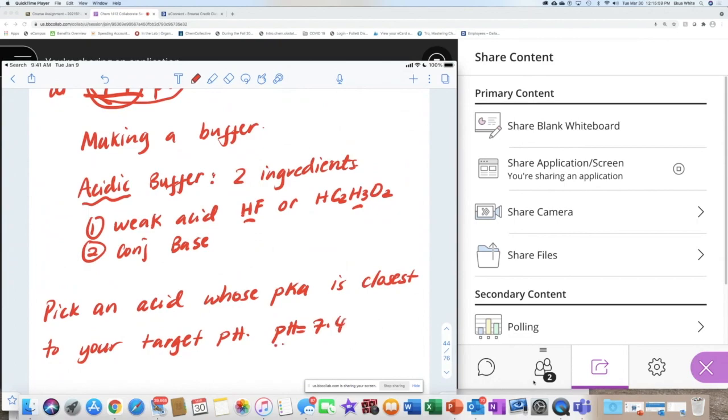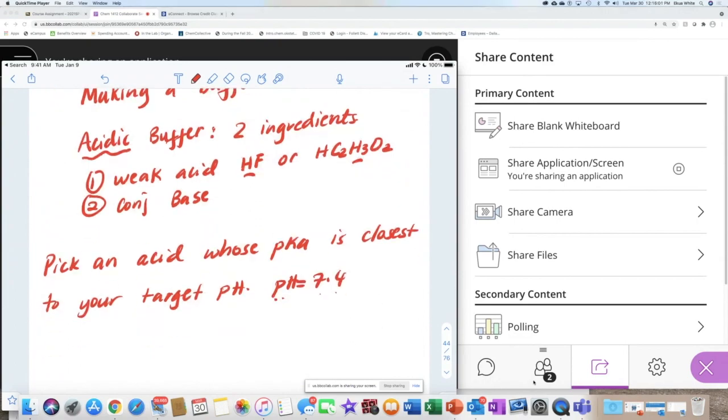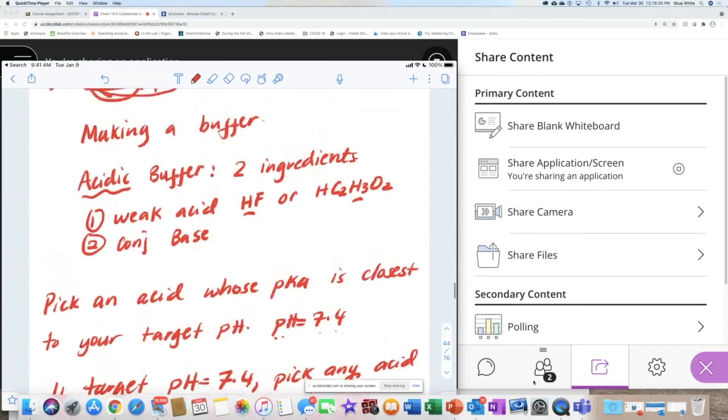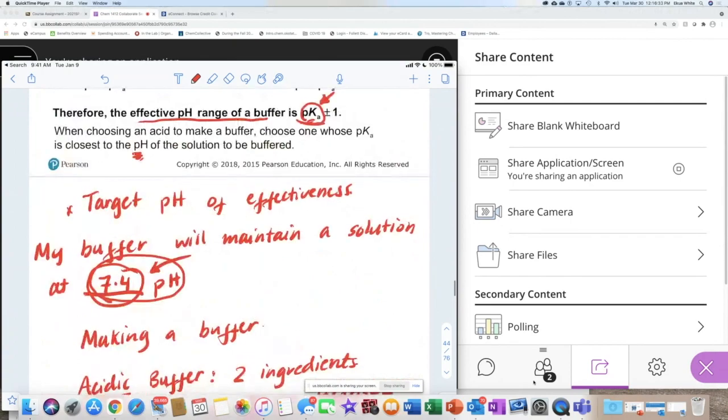If my target pH is 7.4, then pick any acid, and I mean any acid, whose pKa is close to 7.4. It's as simple as that. I mean, they make it simple once you understand what they're saying, right? Well, okay, find the pKa. But how do you know how close? They give you a range here.